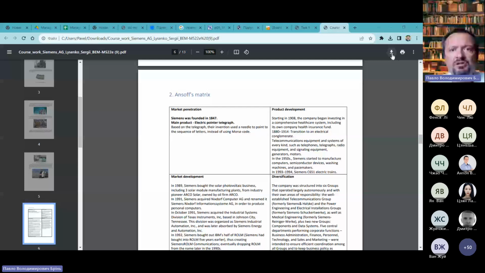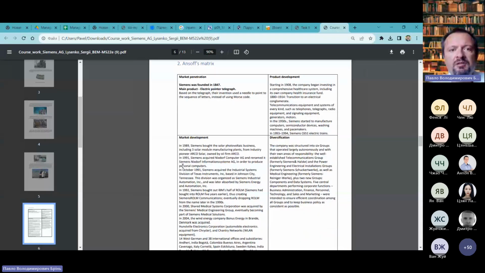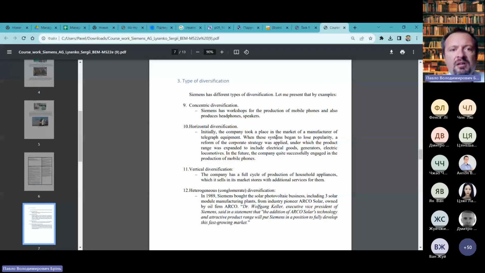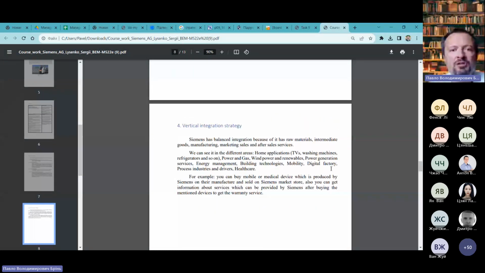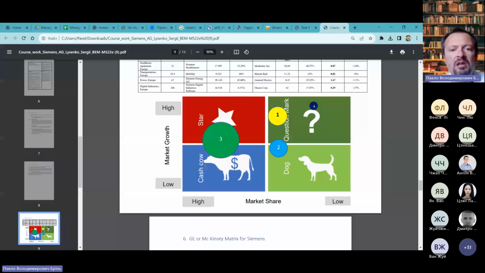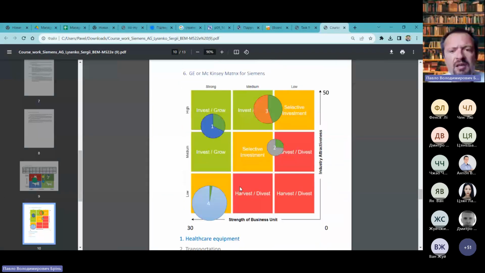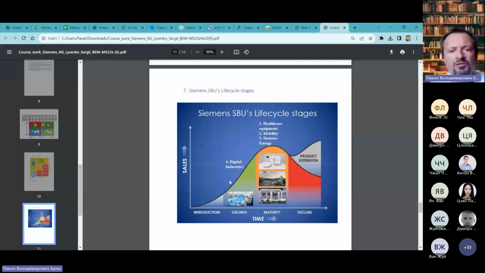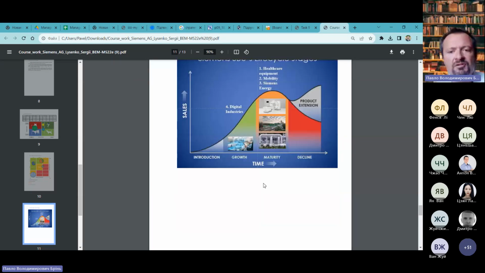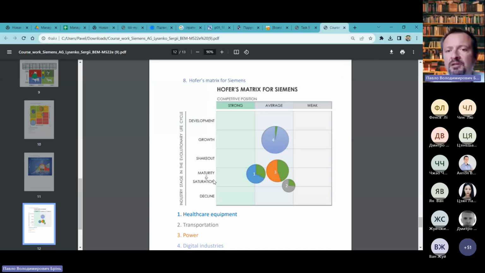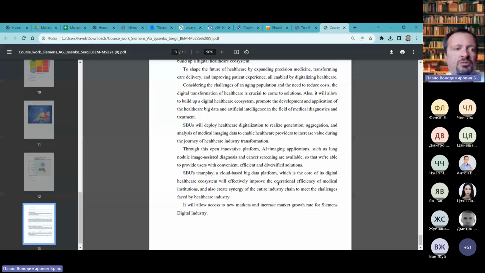Then the Ansoff matrix should be prepared, then the type of diversification, then the description of vertical integration, then the matrix of Boston Consulting Group. Here is a small mistake, however, it's okay. Then the matrix of General Electric. Then the stages of the life cycle for every strategic business unit. Then Hofer's matrix or Arturo Dorit matrix, and then synergy effects.